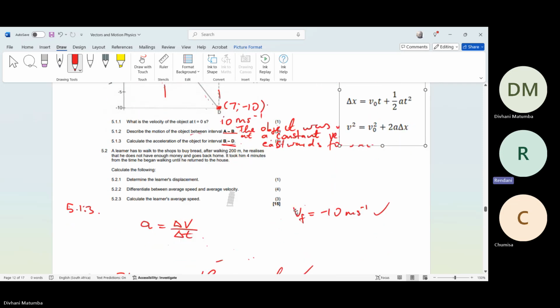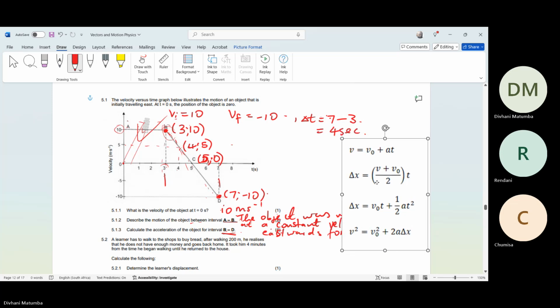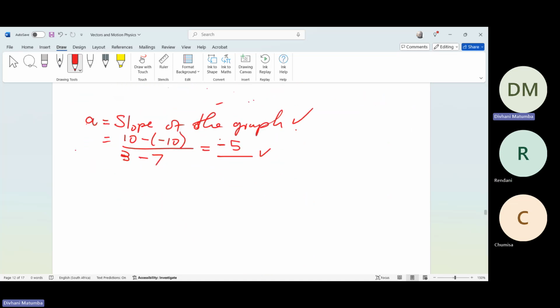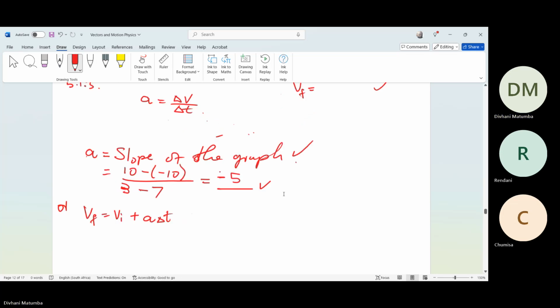If you were to calculate acceleration, which equation of motion here? V is equal to V0 plus AT, the first one. Okay, perfect. So what you are going to have is V final equals V initial plus acceleration times change in time. You agree? Yes.